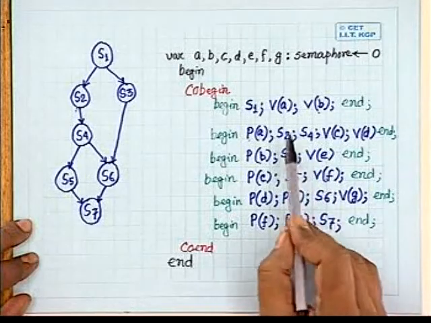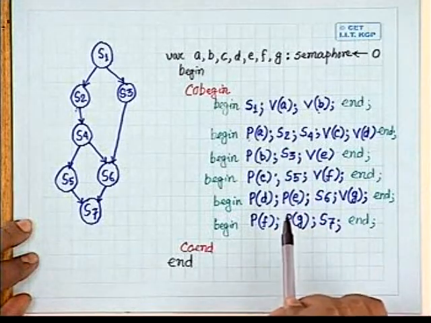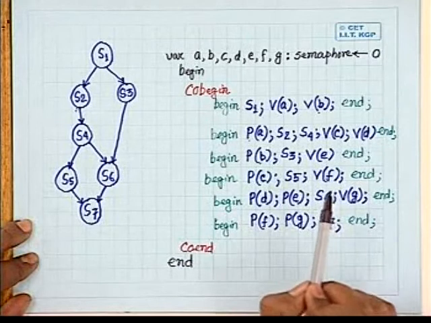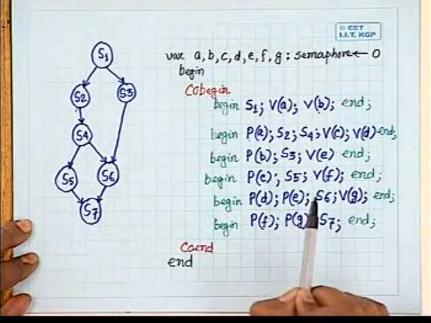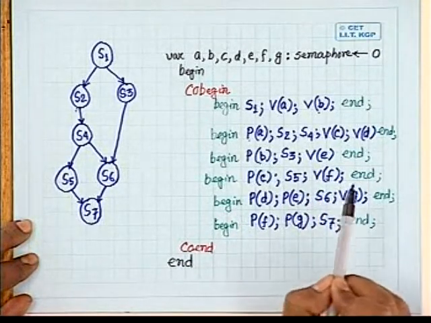Okay. So if I redefine the structure of the semaphore variable, now the semaphore variable will have two fields. One is the integer, that is the value of the semaphore variable, and the other field is a list. It is the list of processes who are waiting for that semaphore variable to be free. Okay.